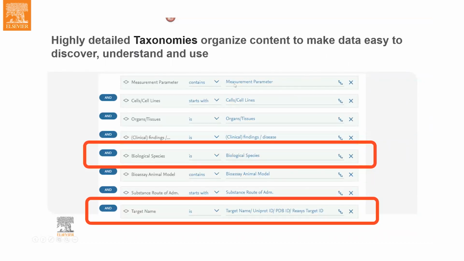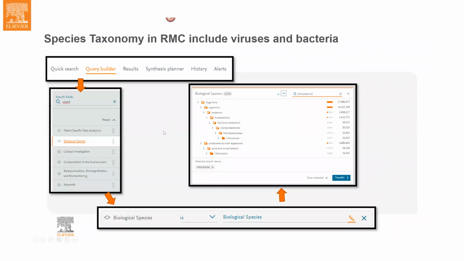In this slide, you see all the searchable fields where taxonomy is available. The availability of taxonomy you can assess by this icon. And today we will use biology species or target name. How can it help us? The idea is very simple.